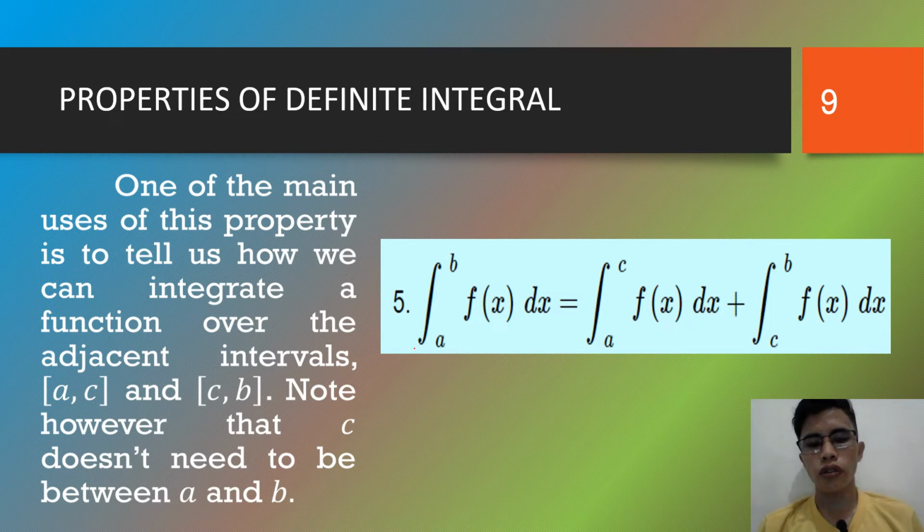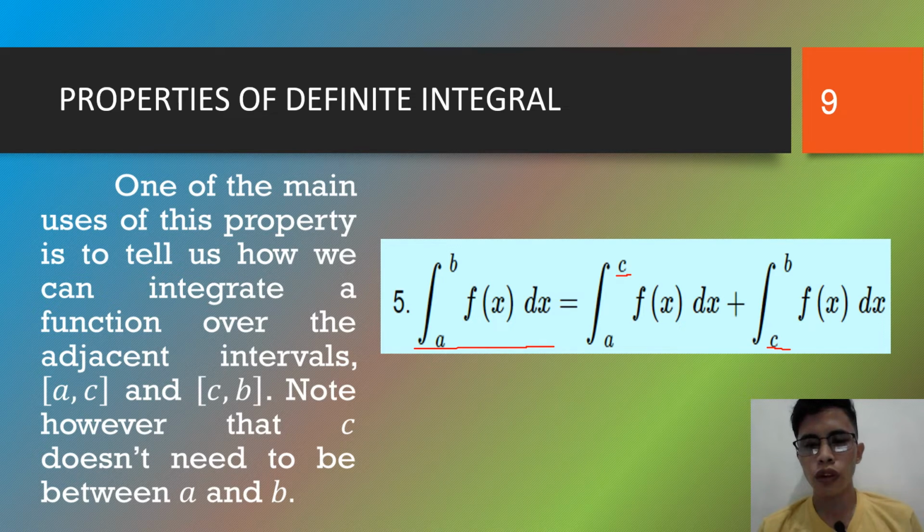So here, di ba, meron tayong integral which is the integration of f of x dx from a to b is equal to the integration of f of x dx from a to c plus the integration of f of x dx from c to b. So, hinati natin siya, sineparate natin yung dalawa. Provided that we have here the value of the constant, the c.